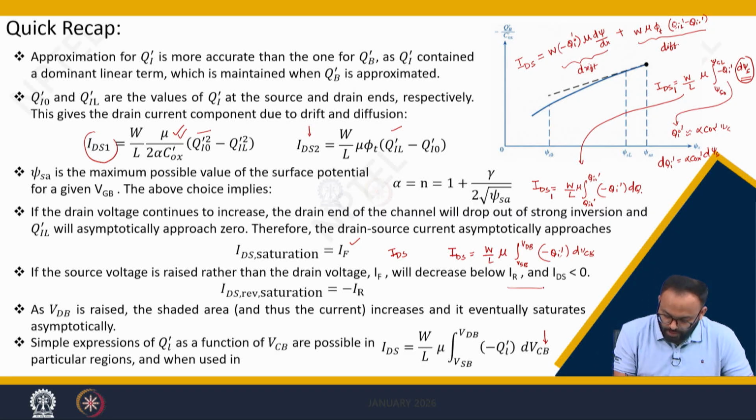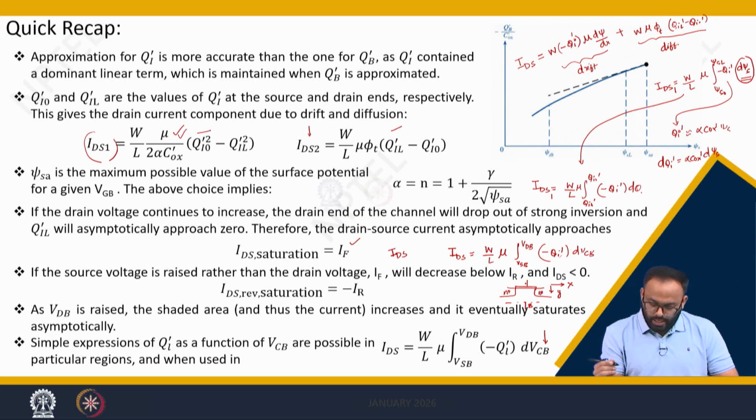So in our MOSFET we said that along this dimension we are taking x, meaning along the channel, and along this dimension we are taking y, from gate to body. So this is body, this is drain, this is source, and this is your gate.